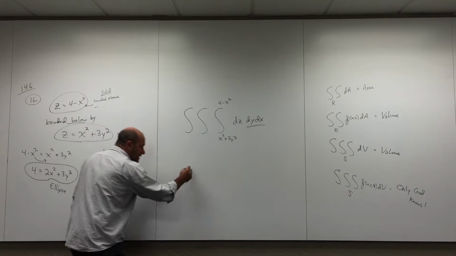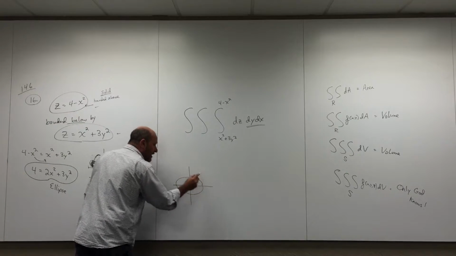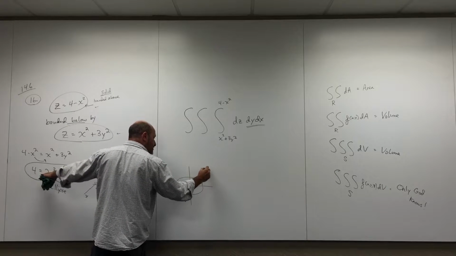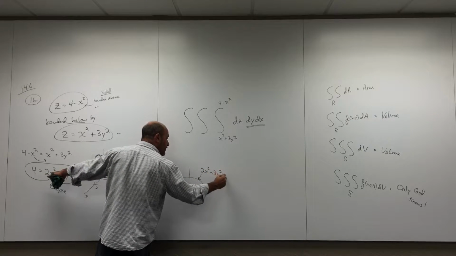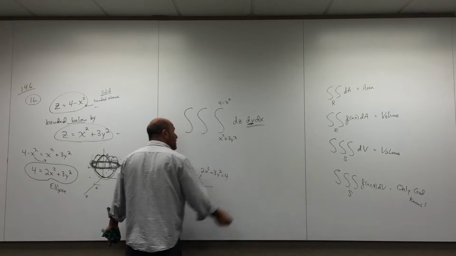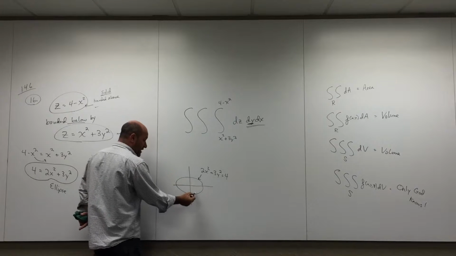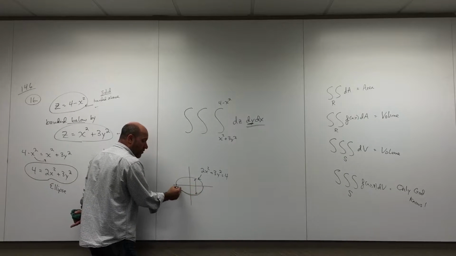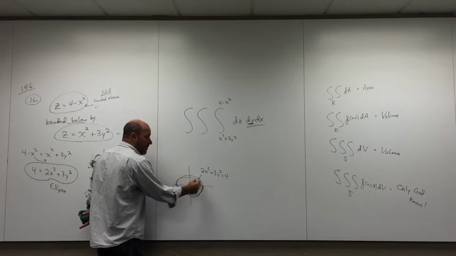All right, so I can pretend I'm in the xy plane, and I can pretend I got this ellipse, and the name of this ellipse is 2x squared plus 3y squared equals 4. If I've set myself up for y to go next, what do you think your y bounds would be? Well, I think it would be this lower part of the ellipse to this upper part of the ellipse.